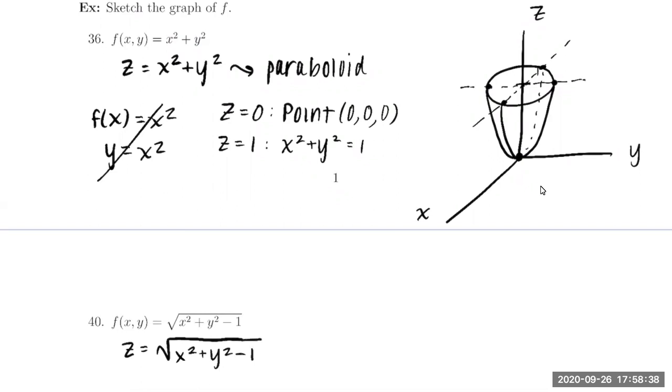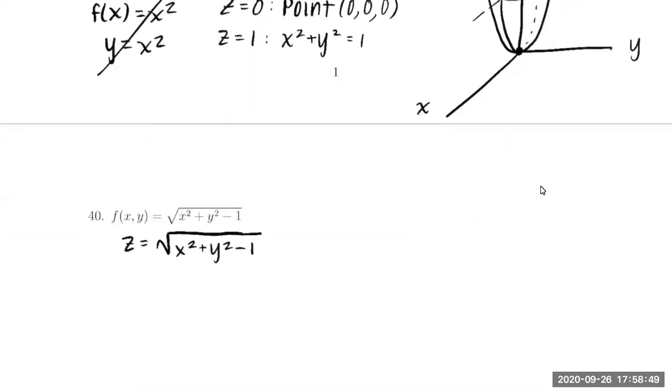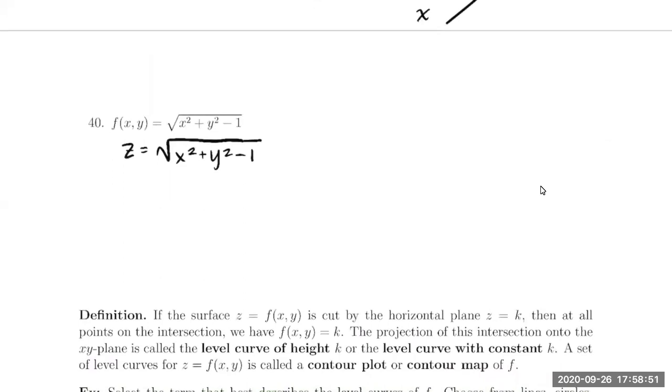And there's one thing I want to note even before we start classifying what this surface is going to look like. Because z is expressed as a square root, one thing we know about square root functions is their range is only non-negative, right? So this tells me that I can only look at non-negative values of z.